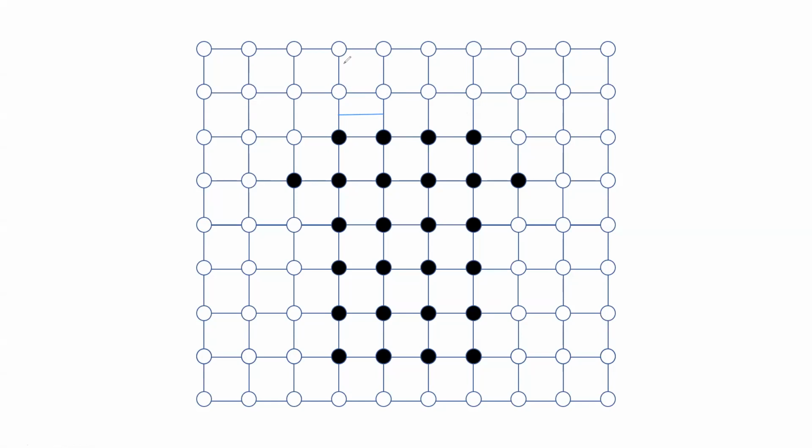Your lines must be like this. And this line must be like this, and this line like this, and you just have to take care of all the grids. And if you take care of all of them, then you just have this.